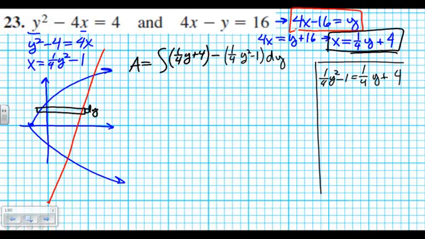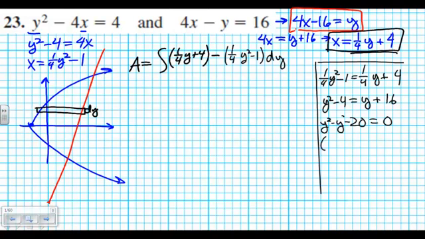I hate fractions, so multiply everything by 4. I get y squared minus 4 is equal to y plus 16. If I subtract y from both sides, and subtract 16 from both sides, I've got that quadratic.